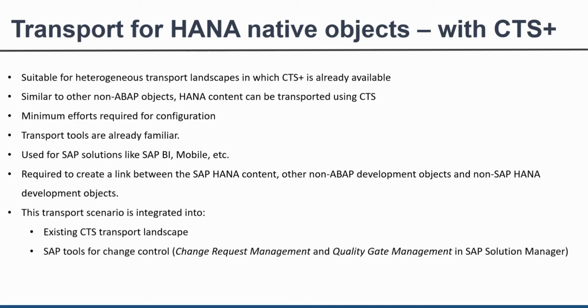This transport scenario is integrated into the existing CTS landscape, and it is also integrated into SAP tools for change control like Change Request Management and Quality Gate Management from SAP Solution Manager. It is also possible to configure the transport routes for the system.